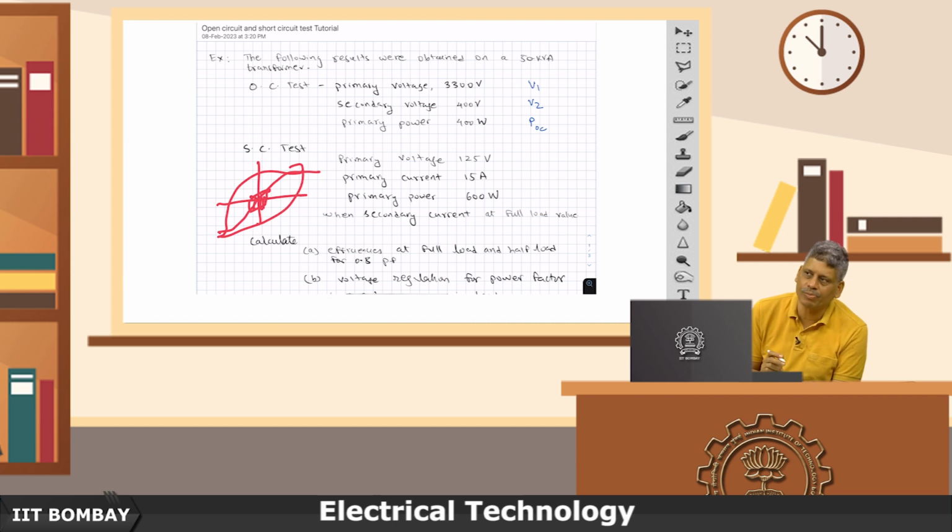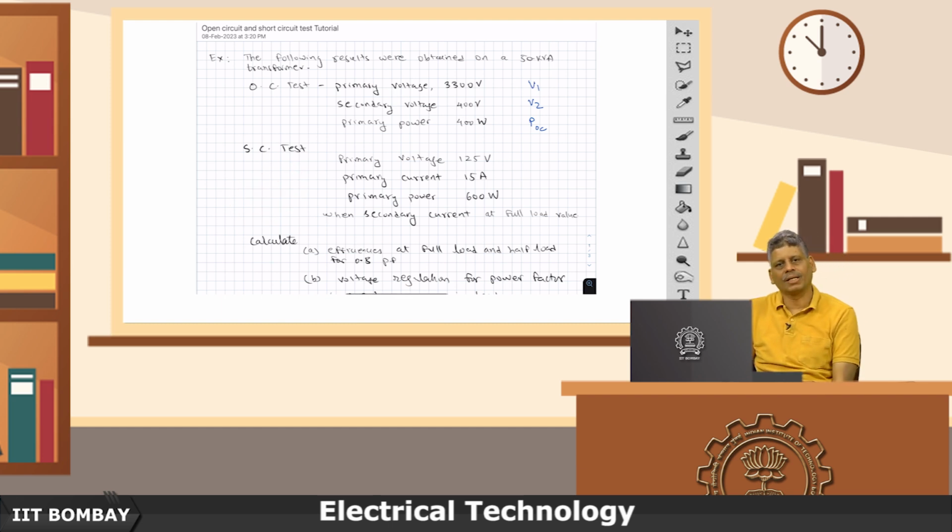So, this area will be negligible, and similarly eddy current losses are also going to be less, because the flux is going to be less, with the frequency remaining the same.